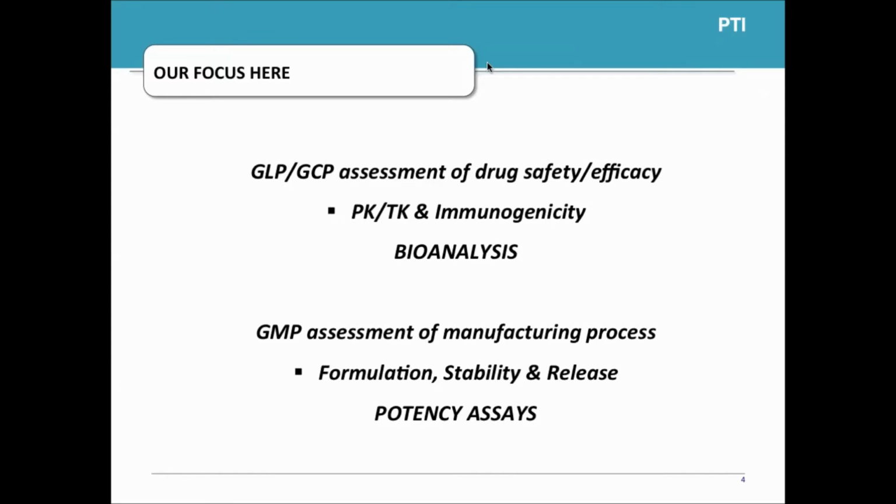And then day 2 will be the GMP assessment of manufacturing processes. So there, the assays, especially potency assays, are designed to look at influence on formulation, but also stability and release of your drug then for the clinical trials, but also then, of course, post-marketing.